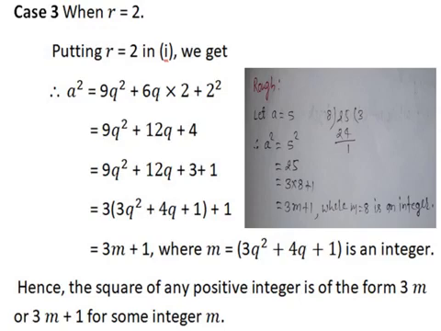So the square of any positive integer is of the form 3m plus 1. Hence the square of any positive integer is of the form 3m or 3m plus 1 for some integer m.